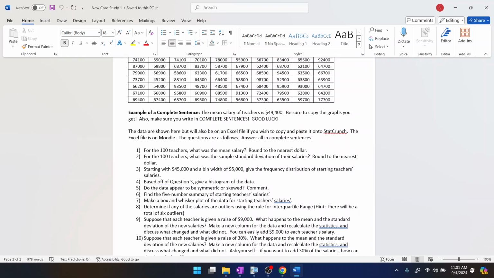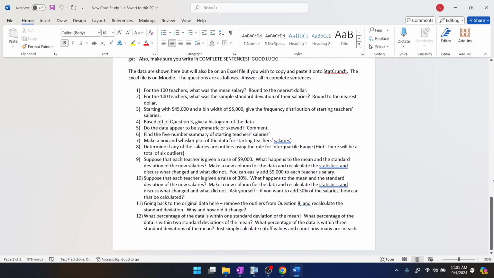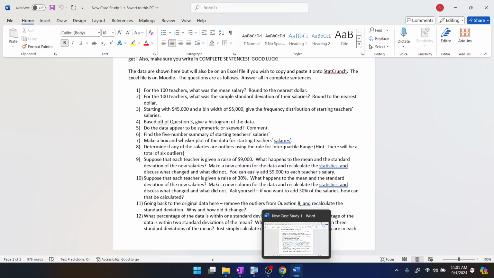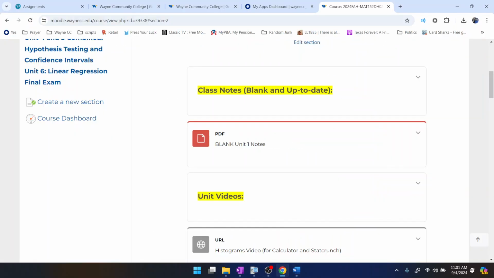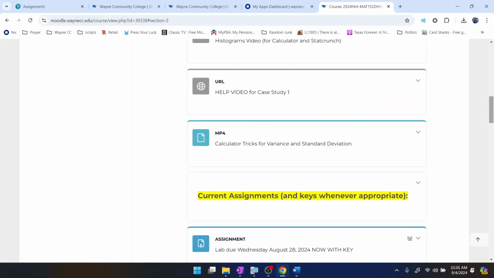Now, if you send me your case study, I'm not going to go and check all the answers, but what I want to see is some of these questions here. A lot of you have been questioning number 12: what percentage of the data is within 1 standard deviation, within 2, and within 3.